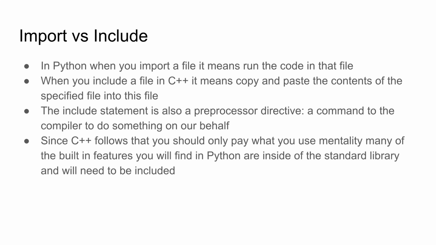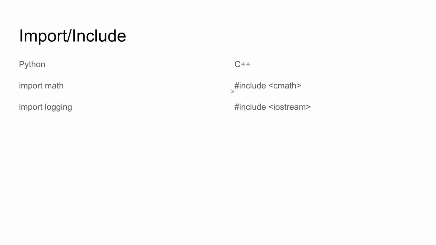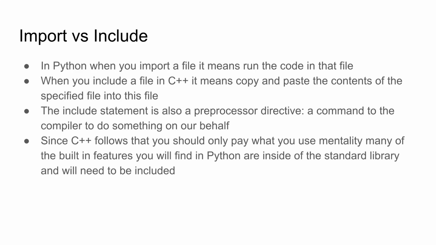It's not technically C++ code itself. So we're saying, hey, C++ compiler, when you're translating this line, please copy and paste the contents of this file into my program right here. And then once it does that, it'll go and translate whatever that C++ code was that was copied in.